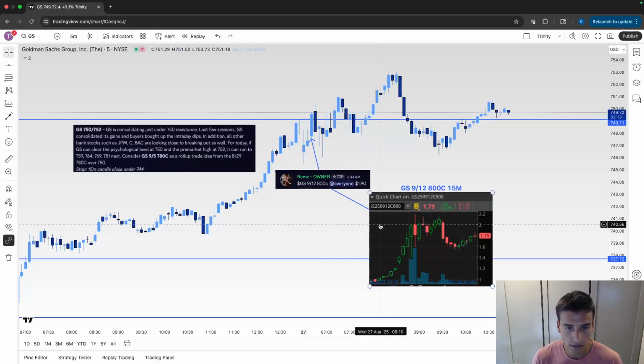The issue is the premiums never came back to that 2.2. So we saw the highest premium within the first couple minutes of entering the trade. And when we hit 753 up here, which is about 2 to 3 points higher from where we entered, the premiums were still around 2.1, 2.15 maybe.